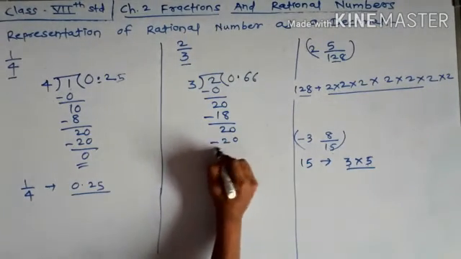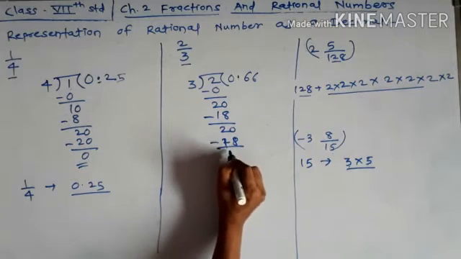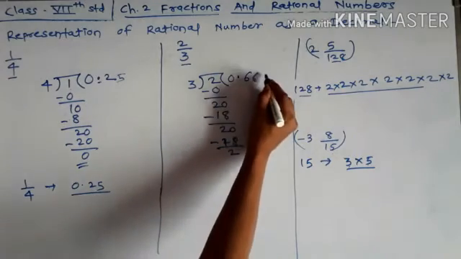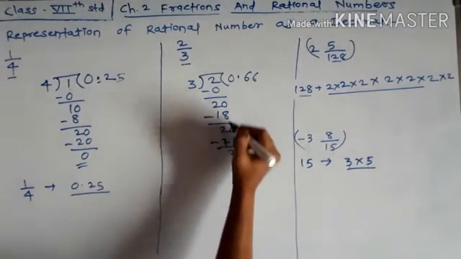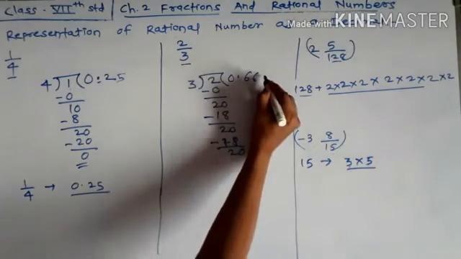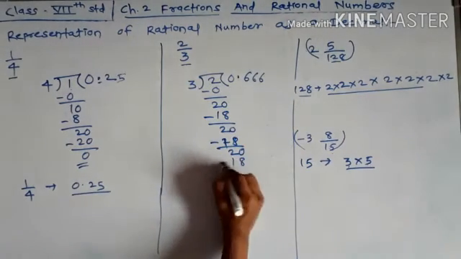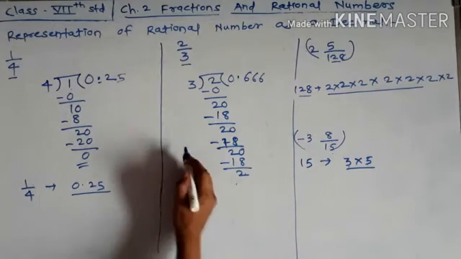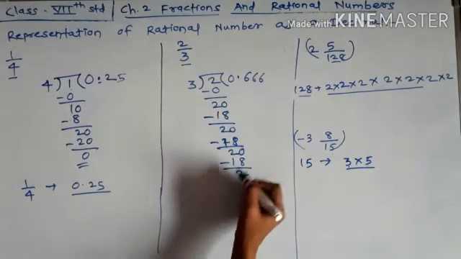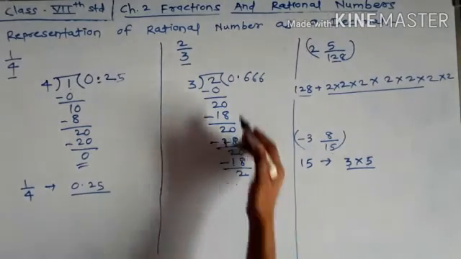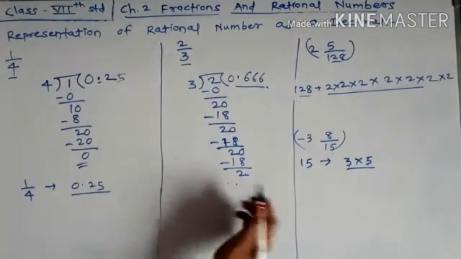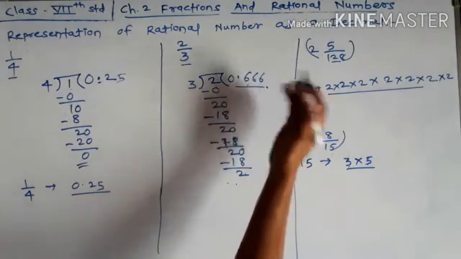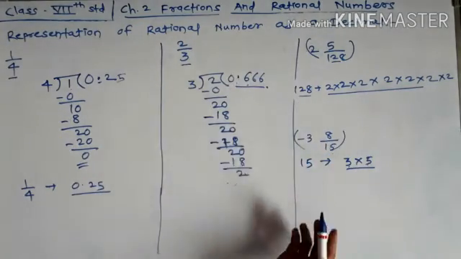That means we get 2 as a remainder. Again we have to divide, putting this point, we take 0 here, and again divide it by 3, we get 2 as a remainder, and so on. That means in this case, the division never ends. So after the decimal point, the numbers go on repeating up to infinity.